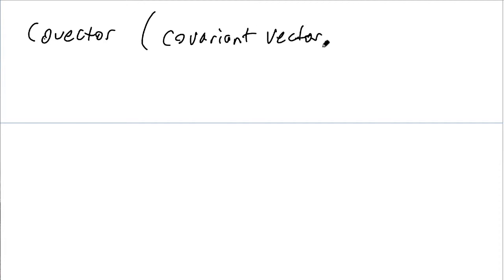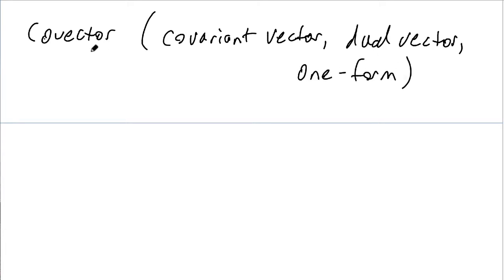Now let me define covectors. A covector is also sometimes called a covariant vector, sometimes called a dual vector, and in some contexts it's also called a one-form. But I'll just refer to it as a covector.